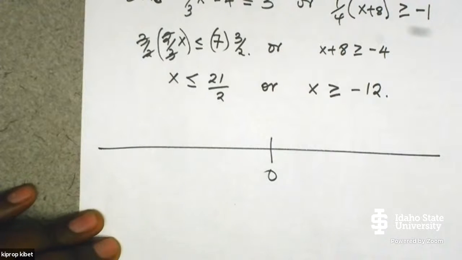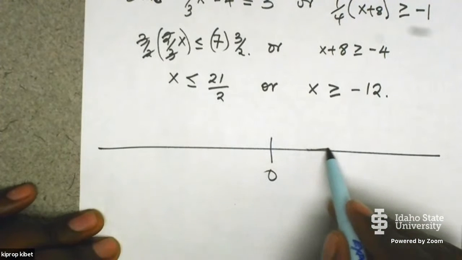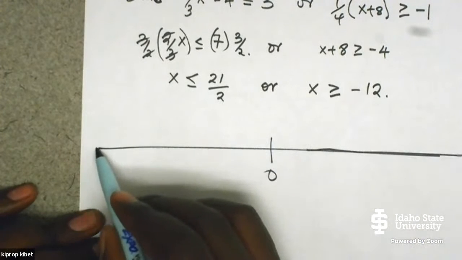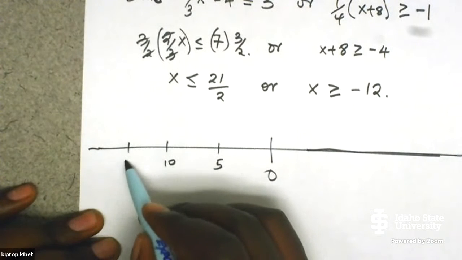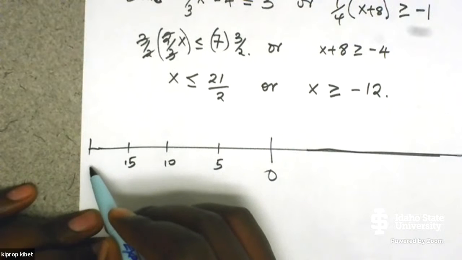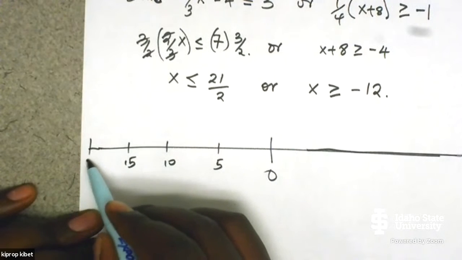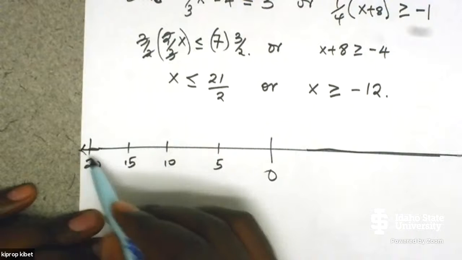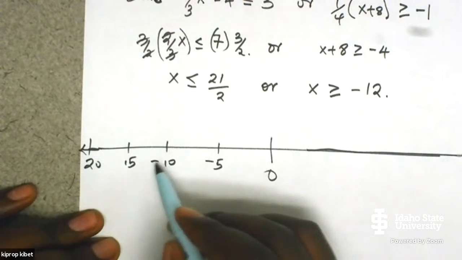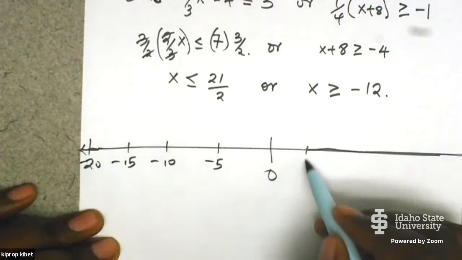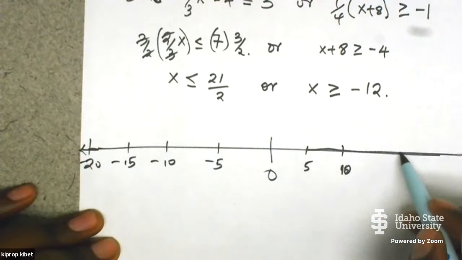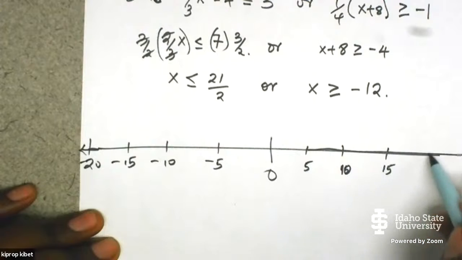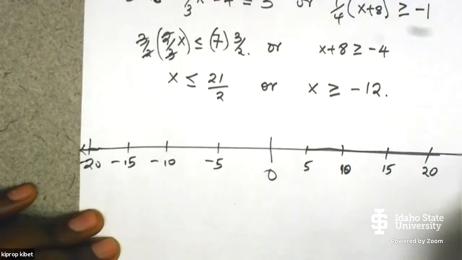So you can say 5, 10, 15, and maybe 20 there. And the negatives, negative 5, negative 10, negative 15, and negative 20 there.